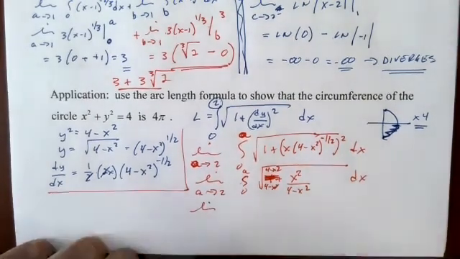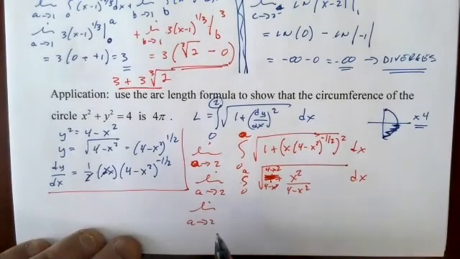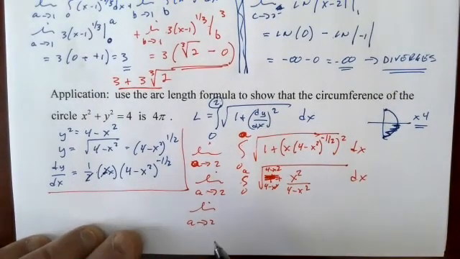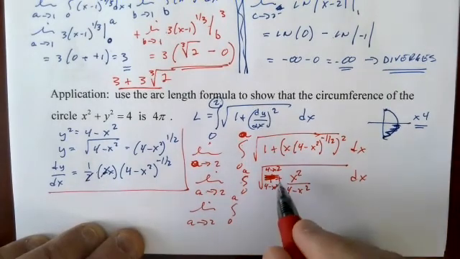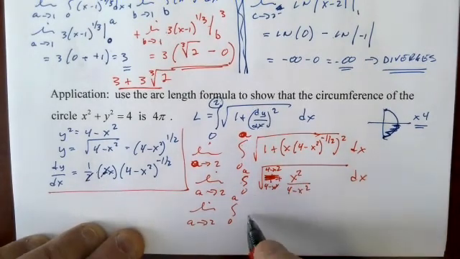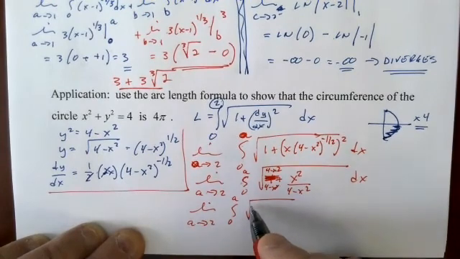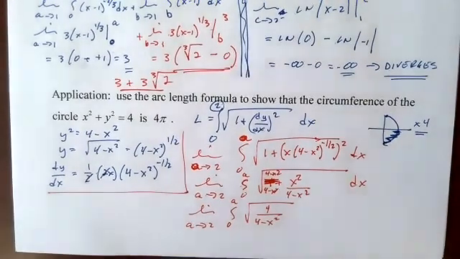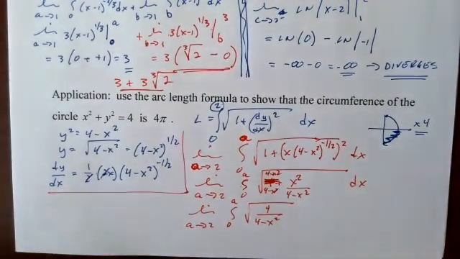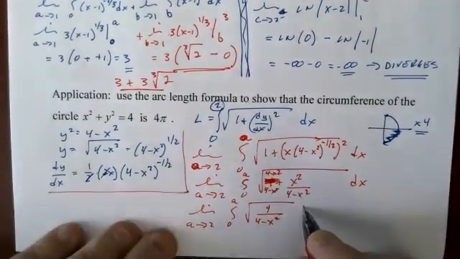Might run out of space. We'll do the best we can. Still haven't done any calc, just a lot of algebra. 4 minus x squared plus x squared, by square root of 4 over 4 minus x squared, dx.